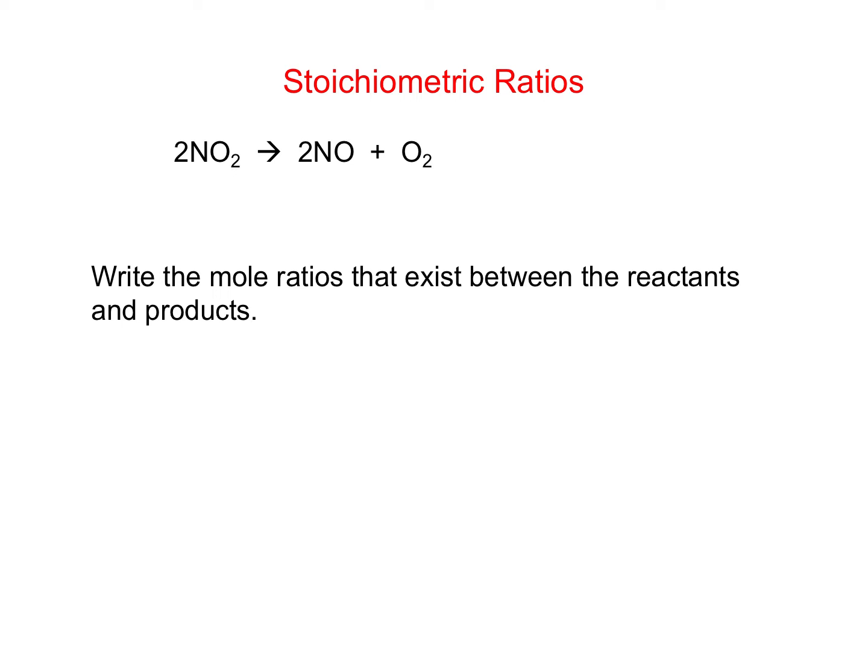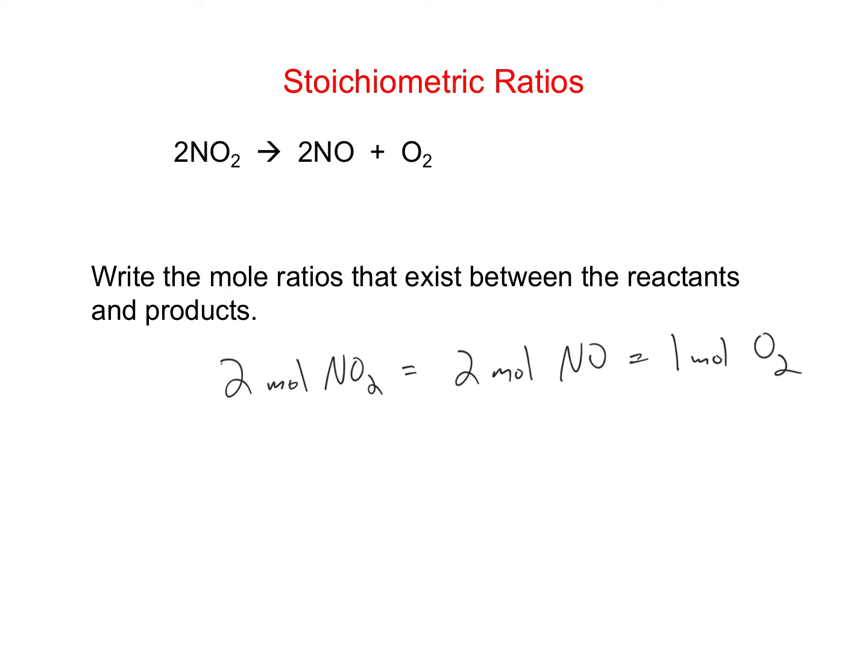At least for right now, let's write down the mole ratios that exist between the reactants and products for this reaction. We would say that 2 moles of NO2 will produce 2 moles of NO and 1 mole of O2.